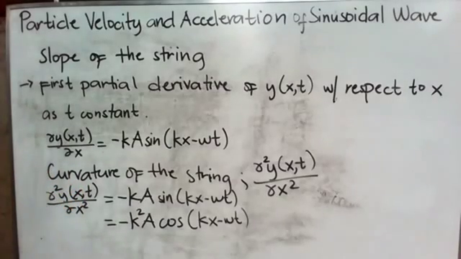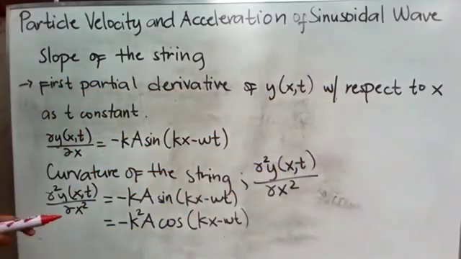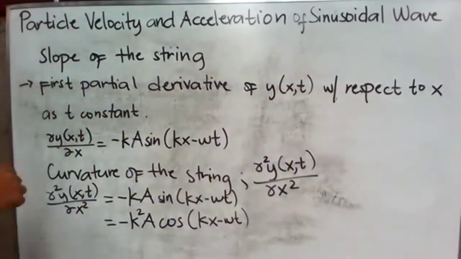Now we can also get the slope of the string. In order to get the slope of the string, we have to get the first partial derivative of the function y as a function of x and t, this time with respect to x, and then our time will be constant. So from the equation y(x,t) = A cos(kx − ωt), we derive with respect to x.